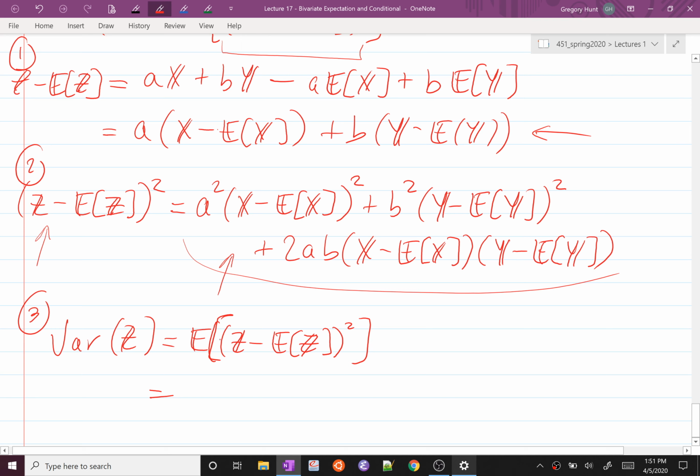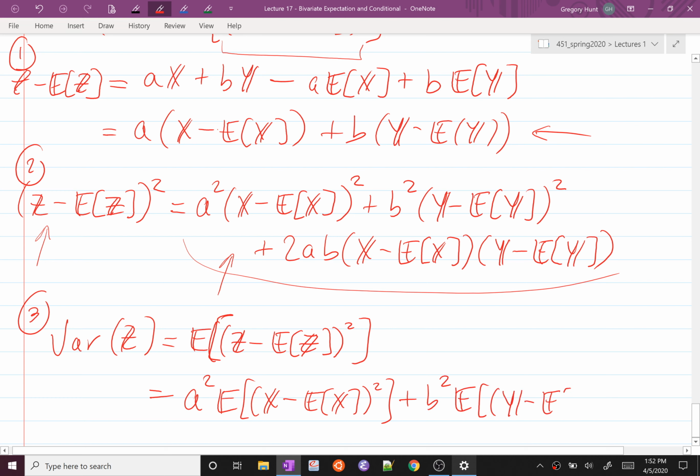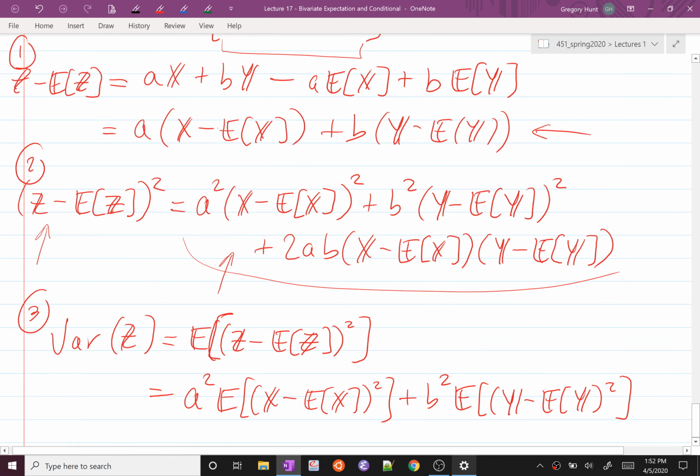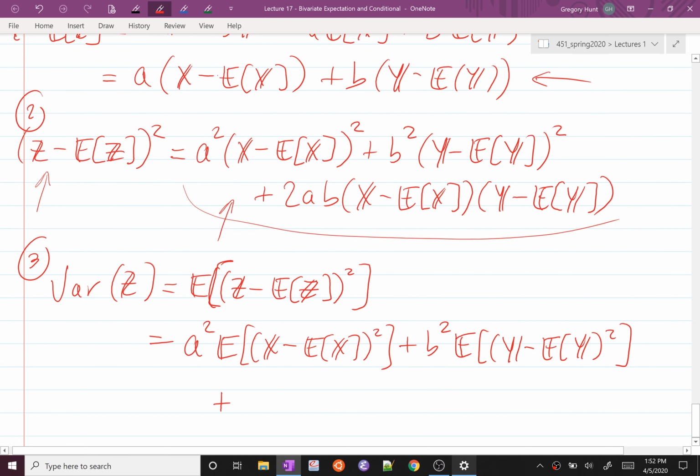I know I can push the expected value through linearly. This is all basically notation. So a squared times the expected value of that first thing. I can pull the b squared out of the expected value. Then I have 2ab, which I can pull out, and I'm left with the expected value of x minus E of x times y minus E of y.